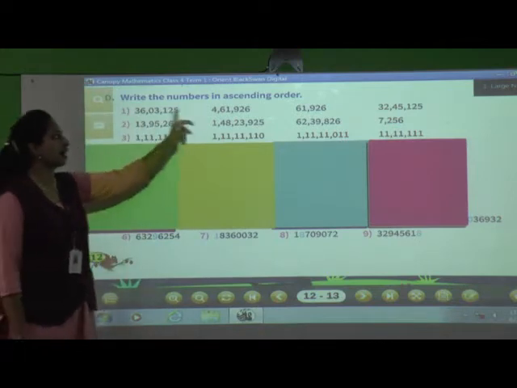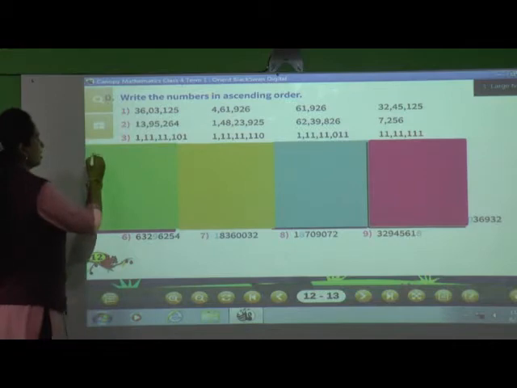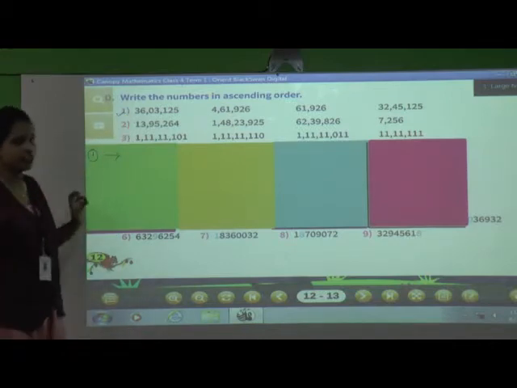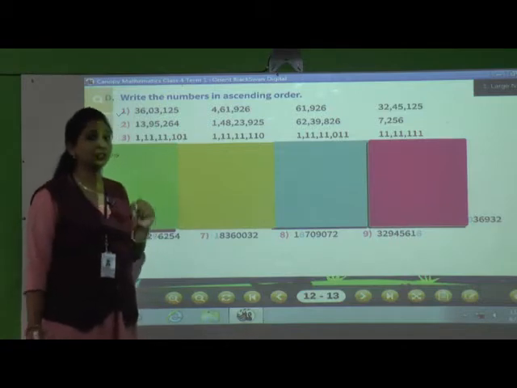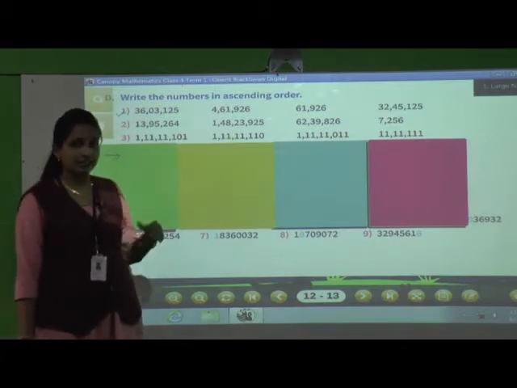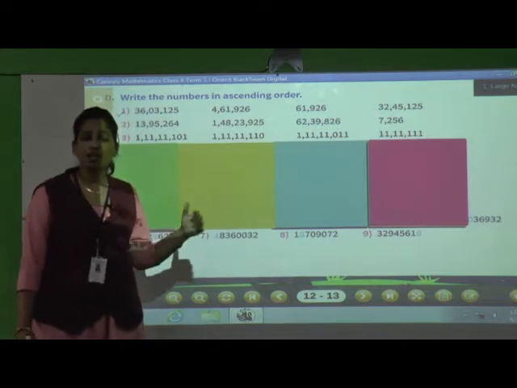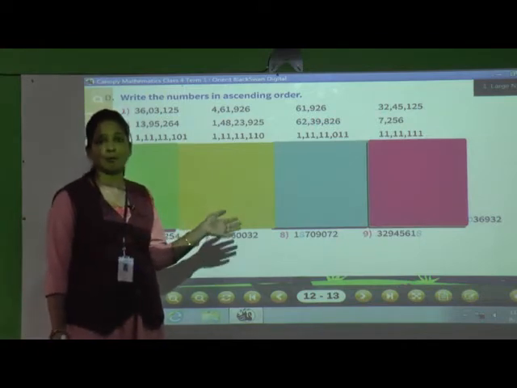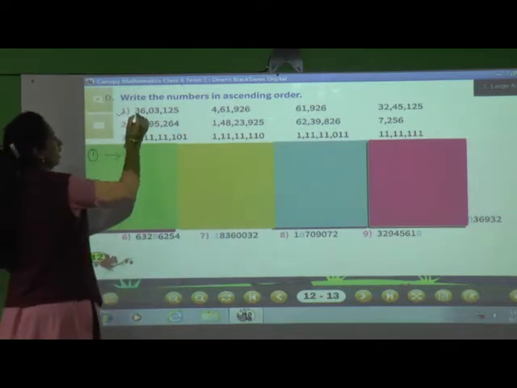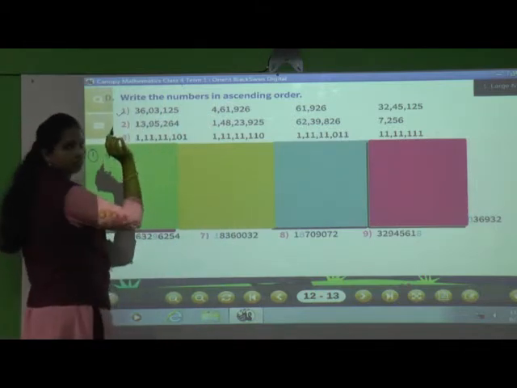Now we have to arrange these numbers in ascending order. What is the first trick when you are arranging numbers in ascending order? First you have to see how many digits the numbers have. I will write here how many digits they have given.